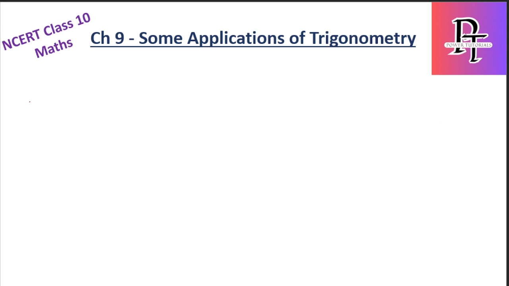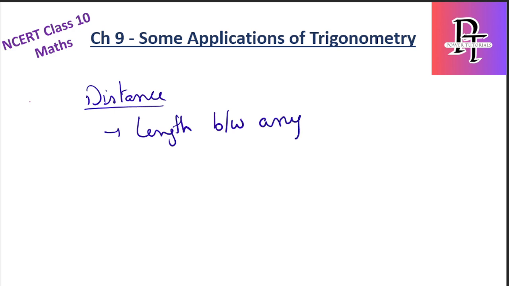In the same way, the distance. Distance means the length between any two objects. Suppose I have a point A and a point B, and at point B we have a building here.